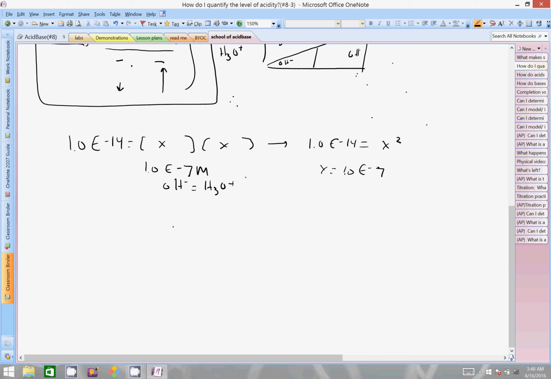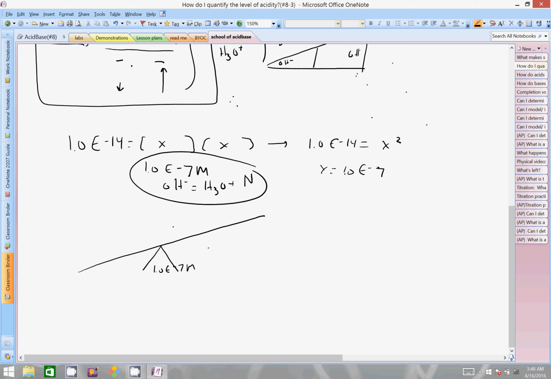This is a neutral solution always, and that is important to realize, that 1.0 e to the negative 7th is what I call the tipping point. It's the fulcrum on which this little seesaw tips. Every time you see a concentration of an acid or a base, you want to put it on this mental scale.